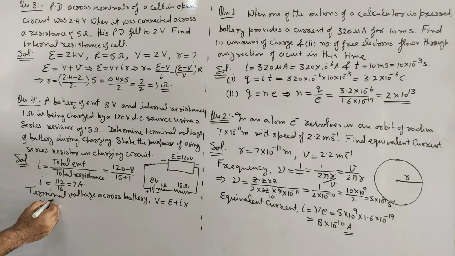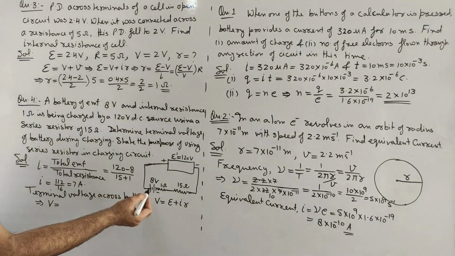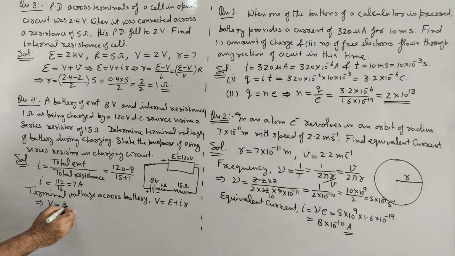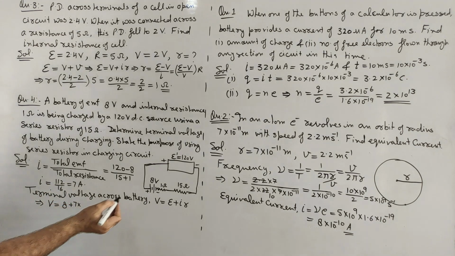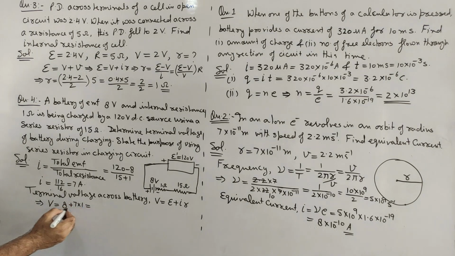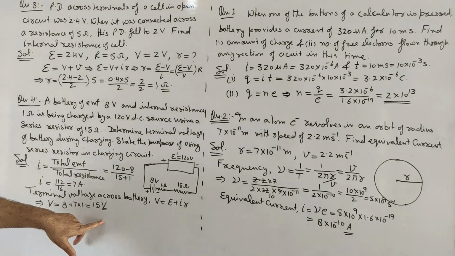This means V is equal to the EMF of the battery, 8 volt, plus I, 7 ampere, times the internal resistance of the battery, 1 ohm, so 8 plus 7, 15 volt. So 15 volt will be the terminal voltage across the battery when it is being charged by the charger.